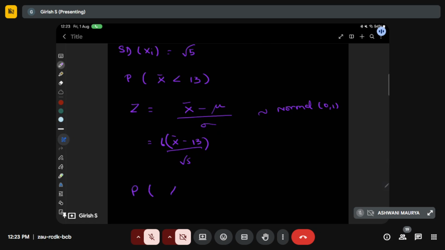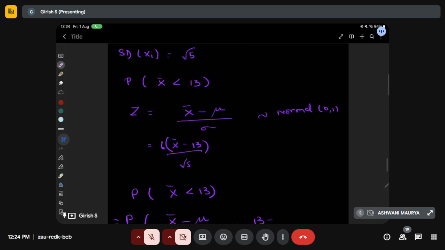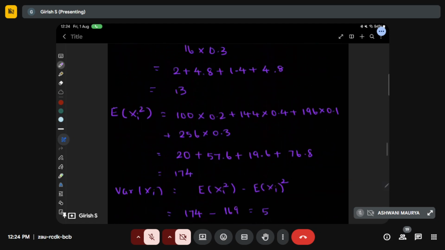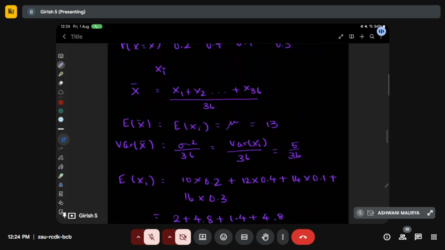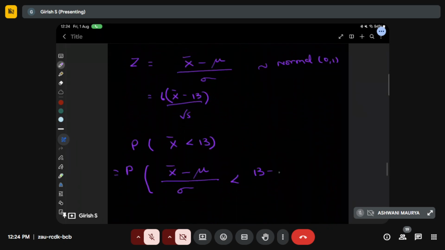What is asked in the question is X bar less than 13. So I will subtract mu from it and divide by sigma. Mu is 13, which we calculated here, and sigma is root 5 by 6.